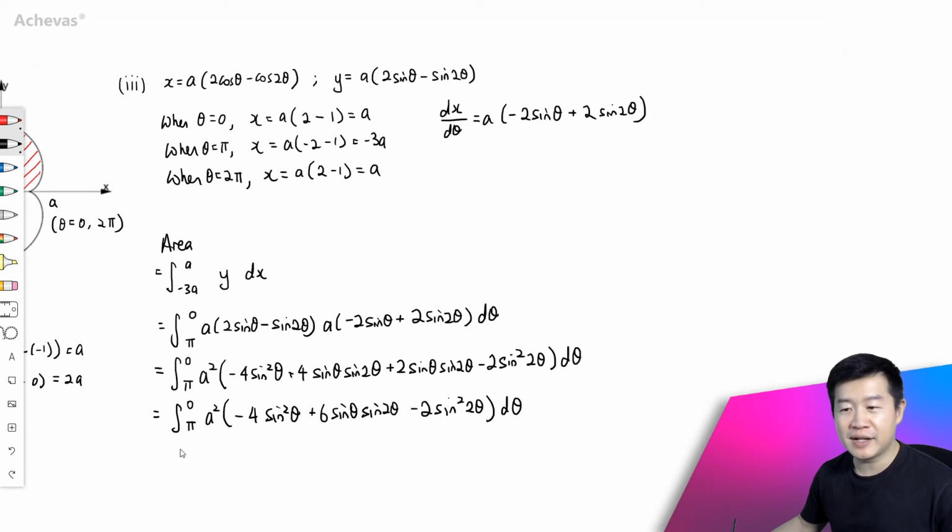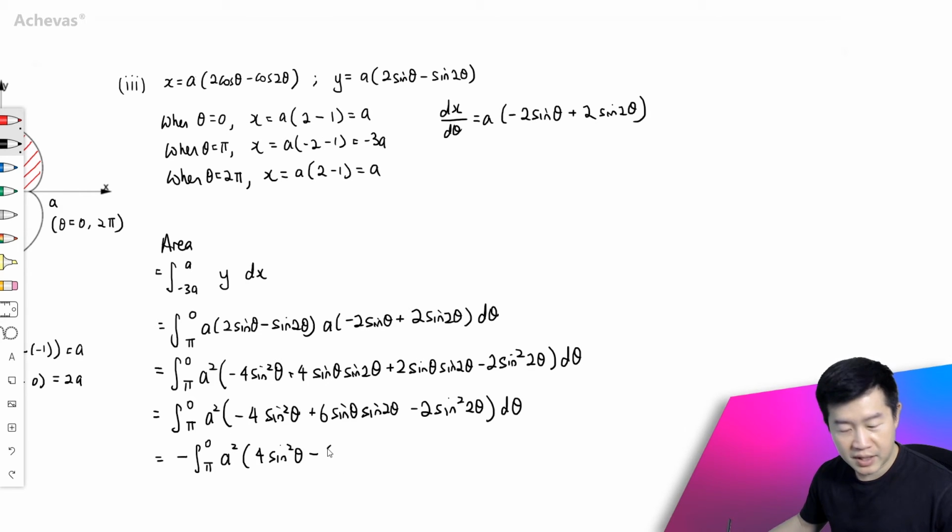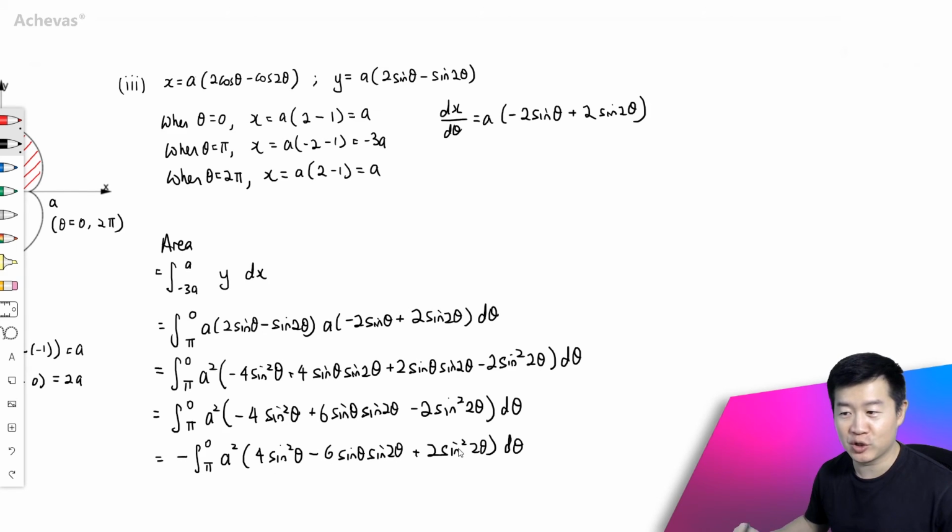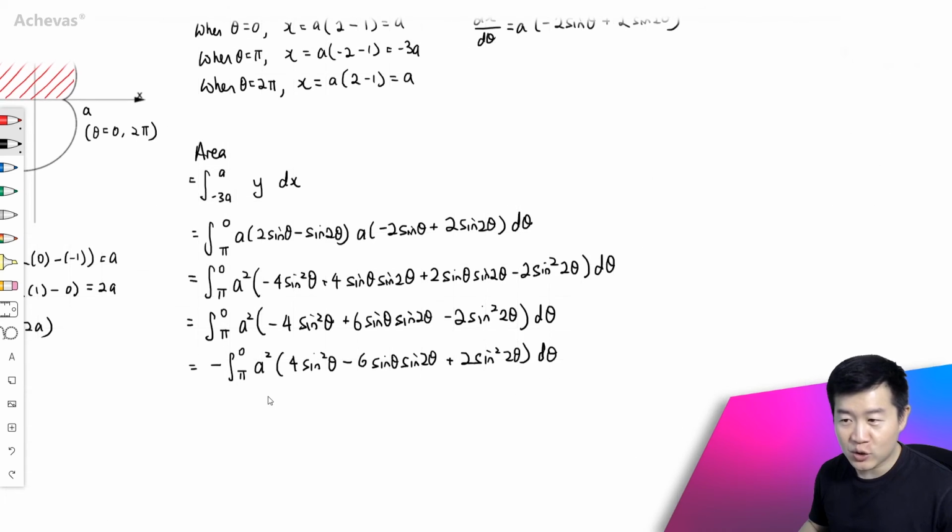And if I were to factorize out the negative, we will have a negative of integration from pi to 0 of a square, and this will be 4 sine square theta minus 6 sine theta sine 2 theta, then plus 2 sine square 2 theta, which is good because this expression is what we are supposed to be showing within the integral a square of this.